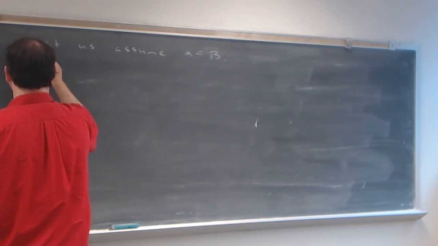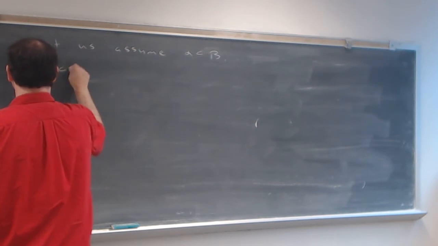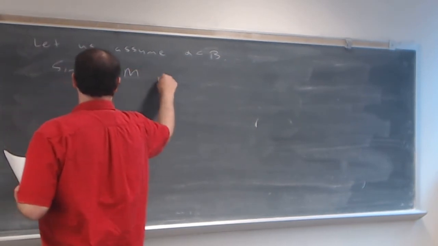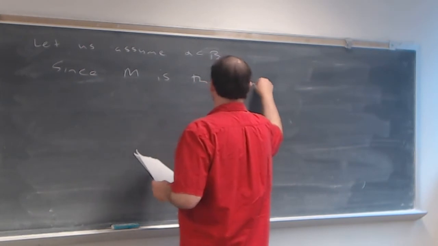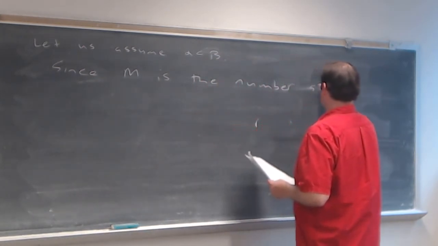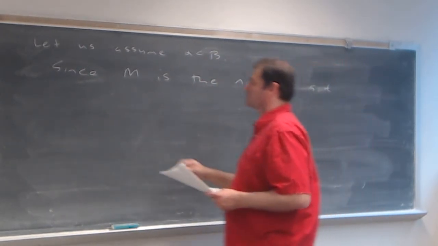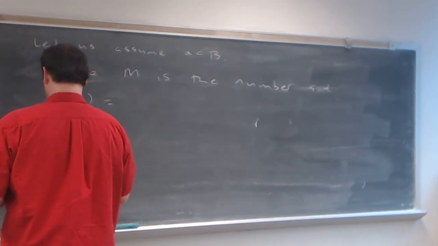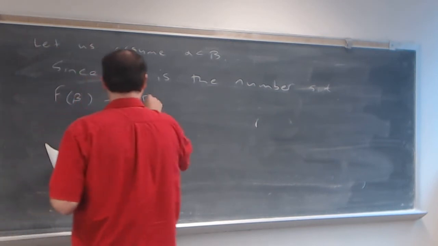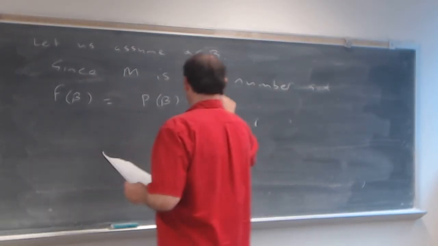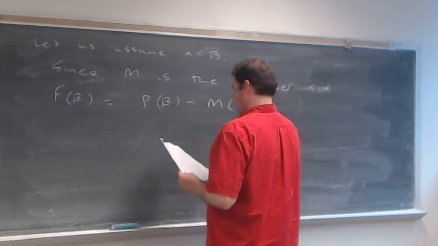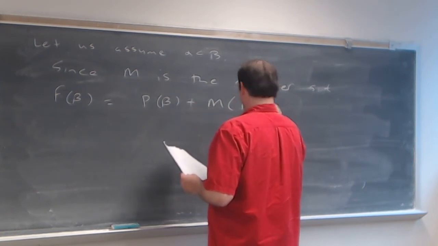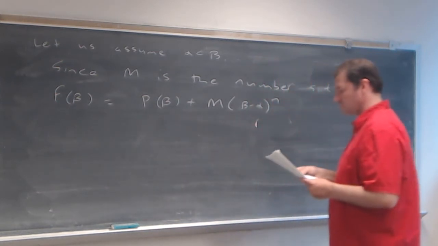Recall how we've chosen M. Since M is the number such that f of beta is equal to p of beta plus m times beta minus alpha to the n. Okay.